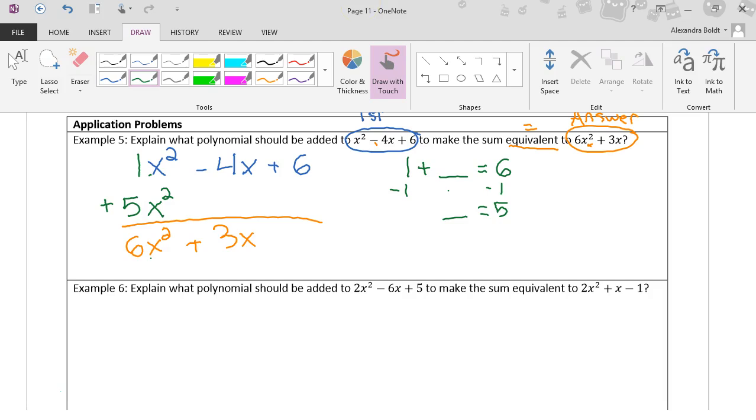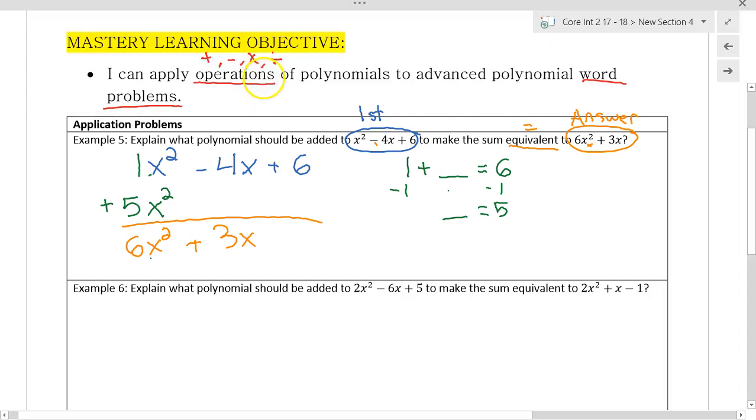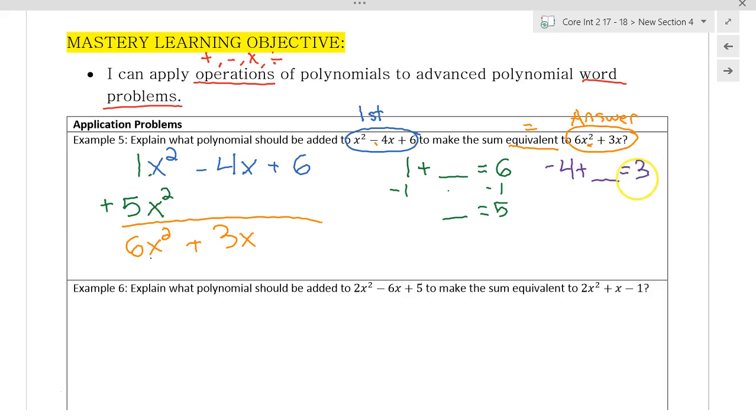Our next one, negative 4 plus what is going to be 3. You could just know it, or the opposite of negative 4 is plus 4. So blank equals 7, so that's positive 7.